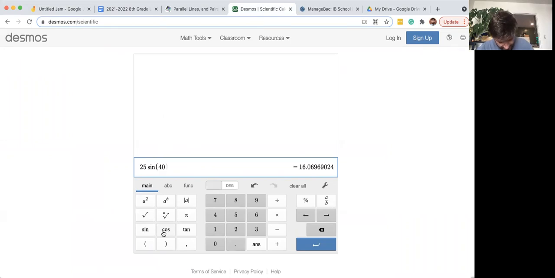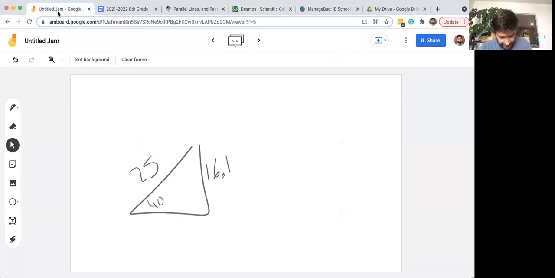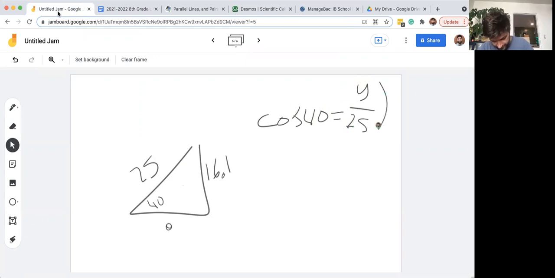And then y. For y, I'm now using the adjacent side right here and the hypotenuse, which is cosine. So the cosine of 40 will equal y over 25, my adjacent side over my hypotenuse. Multiply both sides by 25.